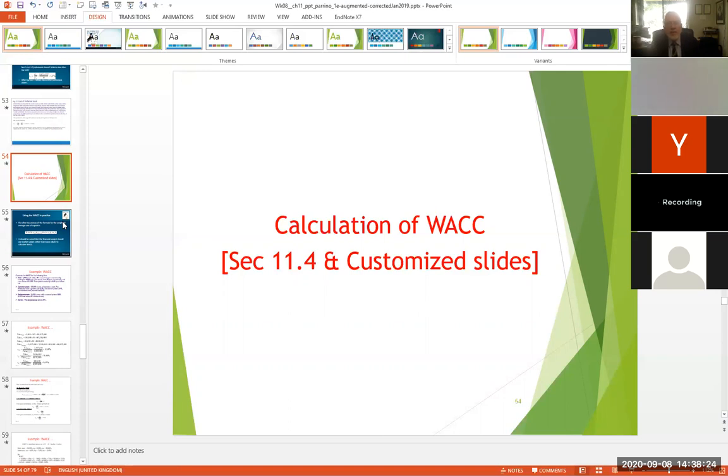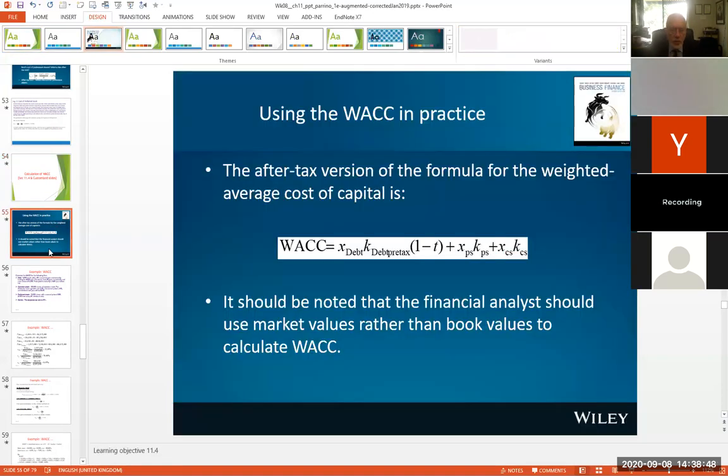But the big difference is that you don't get to adjust the cost of preference shares by the 1 minus T factor, and that can be quite substantial. Okay, let's look at the calculation of WACC itself.